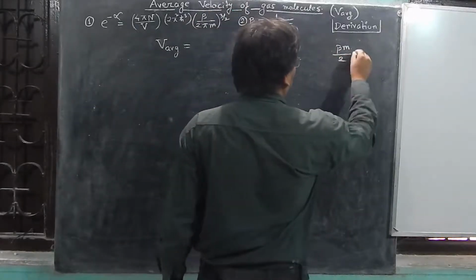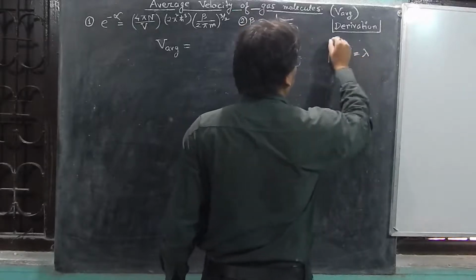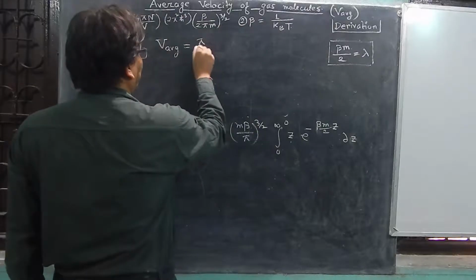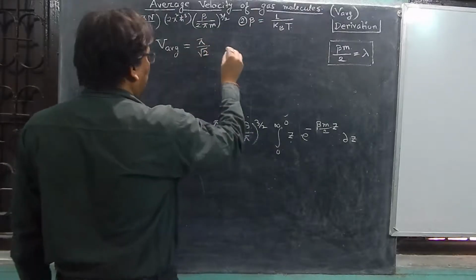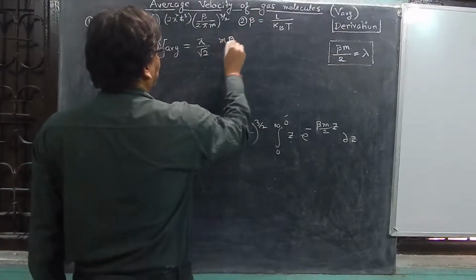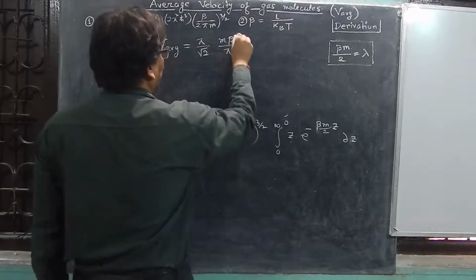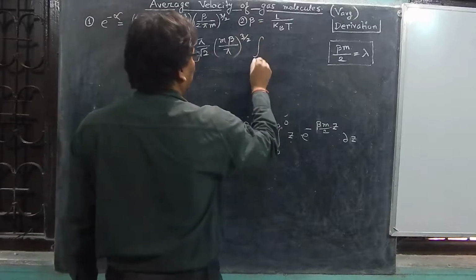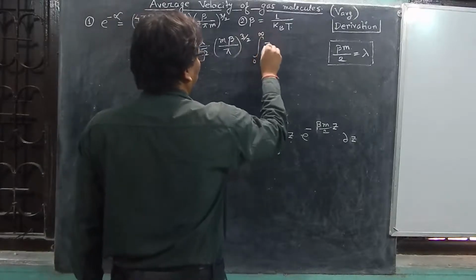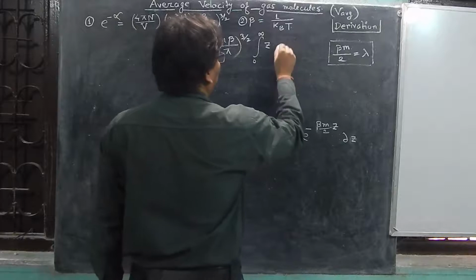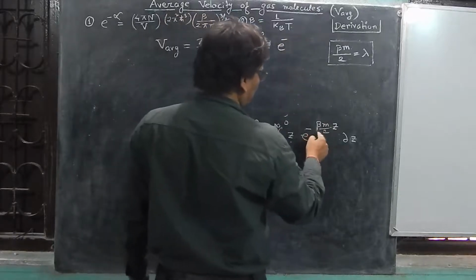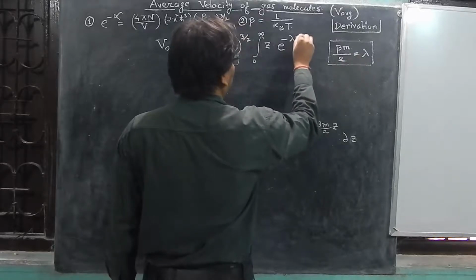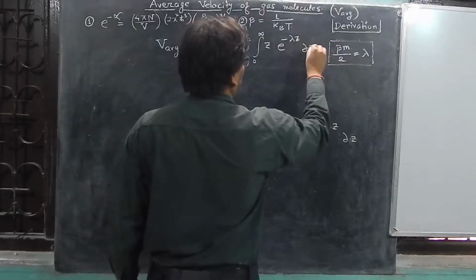So let us consider that beta m by 2 is equal to lambda. Let us take this as a constant, so our integration will be easy. So this will be pi by root 2, times m beta by pi whole to the power 3 by 2, and this is the integration from 0 to infinity of z e to the power minus lambda z del z.